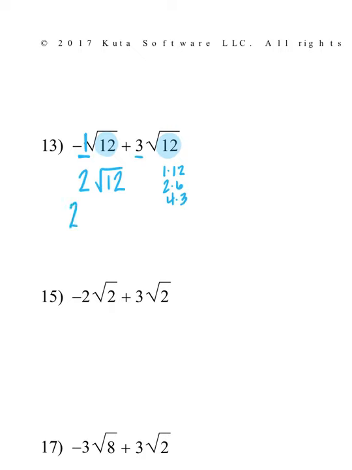So now I have 2 times radical 4 times radical 3. And I bring my 2 down. 2 times the square root of 4 is 2 radical 3. And then my final answer is 4 radical 3. Okay, so all I did was add the radicals together and then simplify.